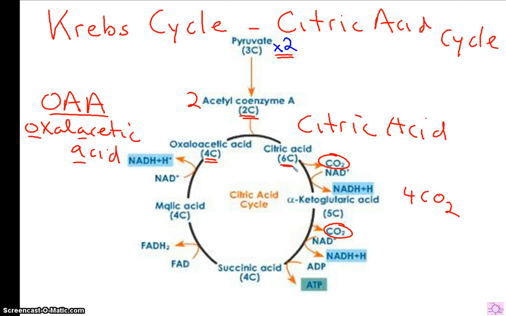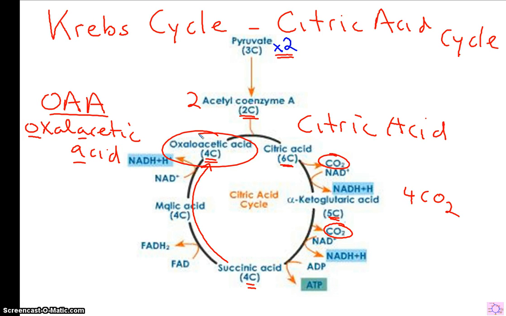One carbon dioxide is removed, we get to a 5-carbon. A second carbon dioxide is removed, we get to a 4-carbon. And the second half of the cycle is just regenerating back to that 4-carbon OAA molecule, so the cycle can continue again. That's the important part about the cycle: the OAA molecule is where things start and end.